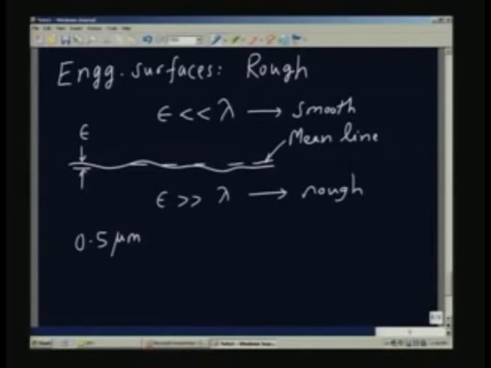Suppose I go to the infrared part and I look at 15 micrometers, the surface which is rough for visible radiation may appear smooth for infrared radiation. Because the wavelength is much larger, the surface roughness element epsilon could be much larger and still it may appear as a smooth surface.